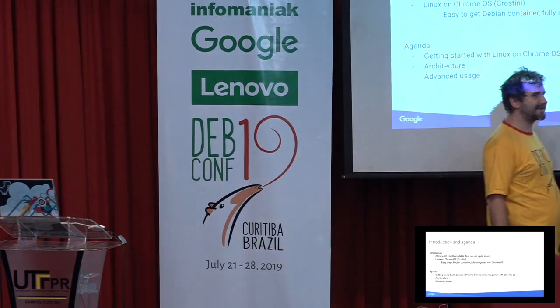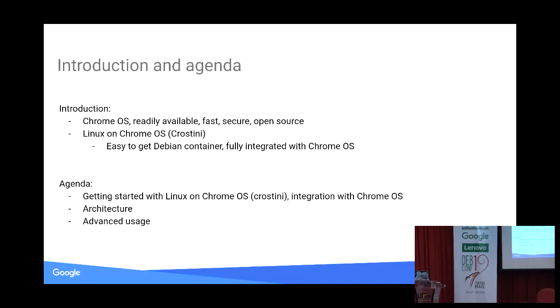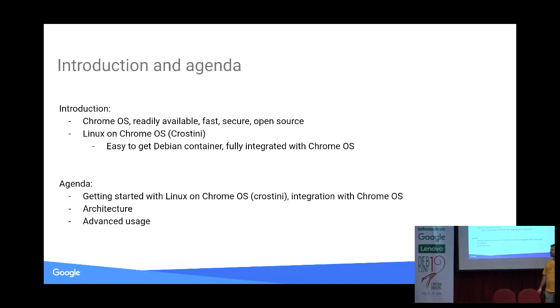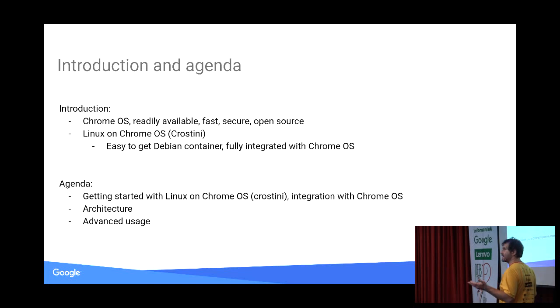So let's start a bit from what is Chrome OS, right? Chrome OS is a Linux-based operating system that mostly runs Chrome. It is probably not the operating system most people in this audience would use, but hopefully we will discuss things that can be applied to Debian as well as Debian-related things in Chrome OS.